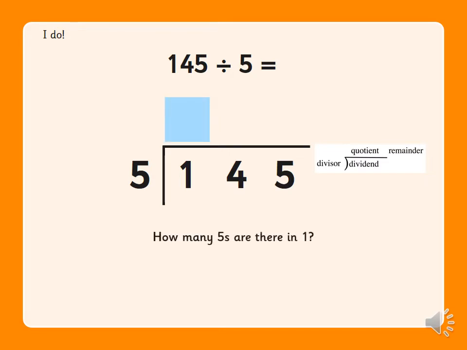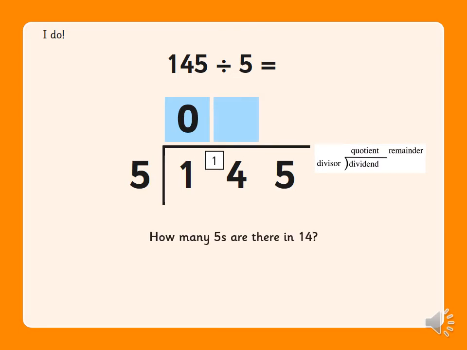So your first step is to work out how many 5s there are in 1. 5 doesn't go into 1 because 5 is bigger than 1. So 5 goes into 1 0 times, so you put the 0 over there, and the 1 is left over, and that is carried over.